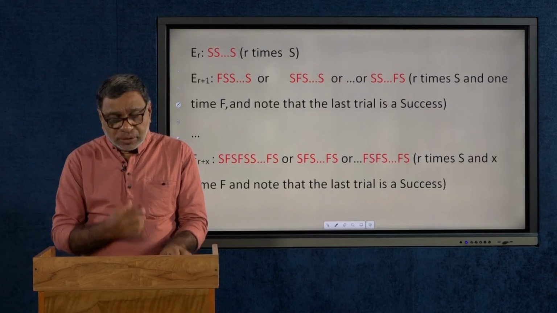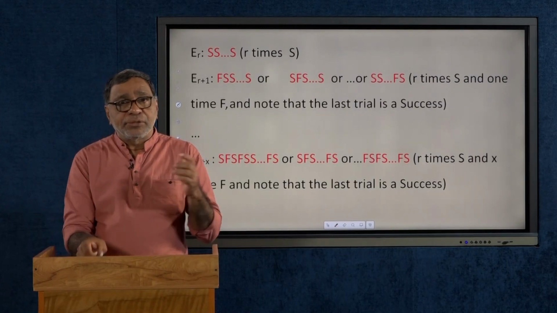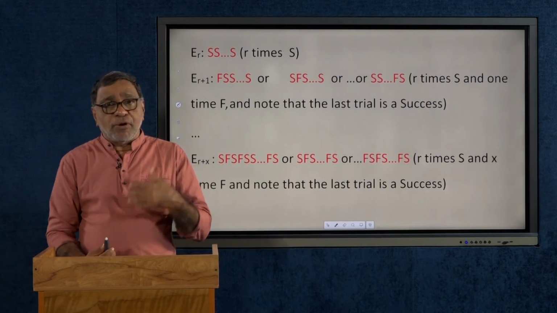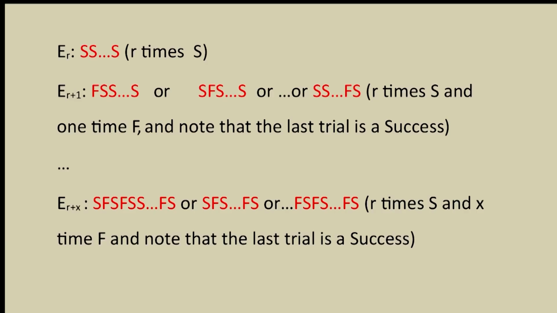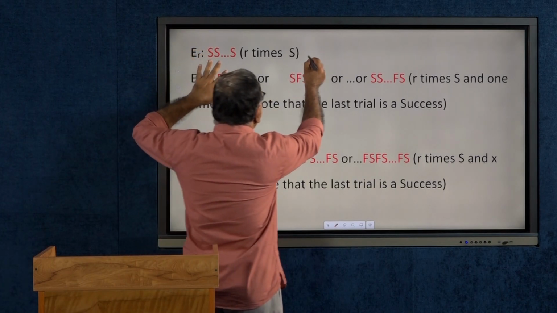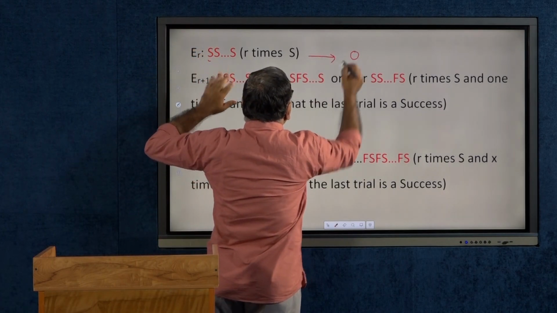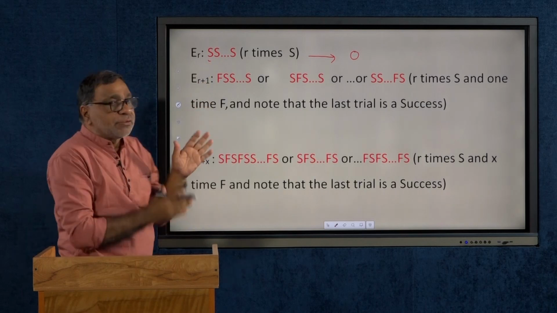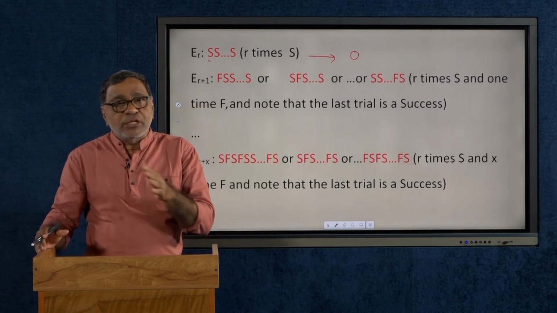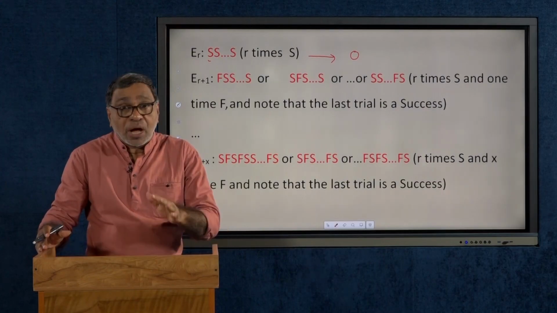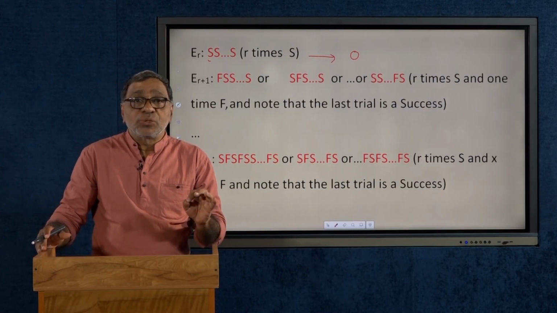These are the cases I have already mentioned, that is, when we are performing Bernoulli trials, these are the events we have. Suppose R, the number of successes, is fixed, so R times S. This is one of the events. How many failures? 0. Suppose all the first R trials resulted in successes; the number of failures preceding the R-th success is equal to 0.